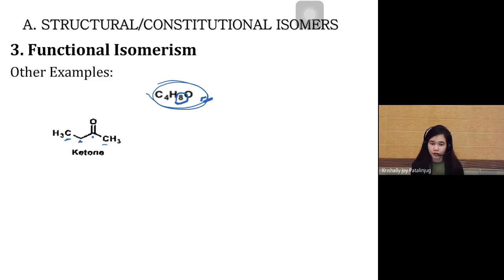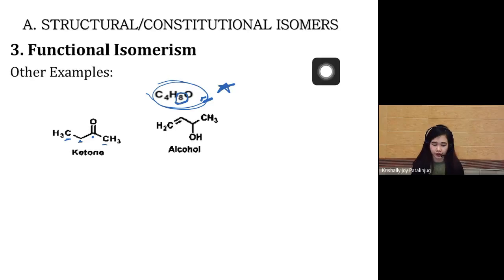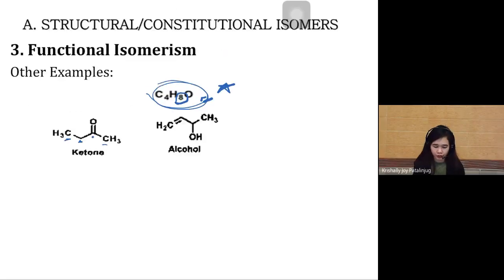Now, another structure we can produce for this given formula is an alcohol with a double bond. Right? You have an alcohol and a double bond. Usually, the specific group name for this is an enol. Why enol?